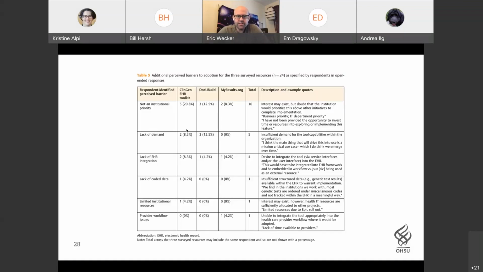So the additional perceived barriers are not an institutional priority, lack of demand, lack of EHR integration, lack of coded data, limited institutional resources, and provider workflow issues. So the most commonly cited ones we will discuss in a little more depth in a minute.